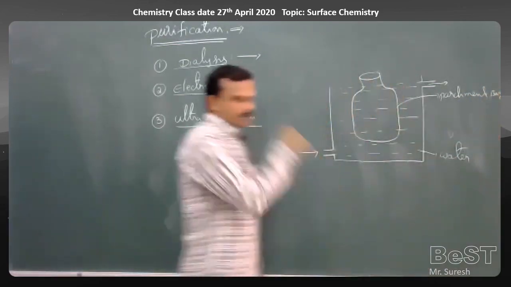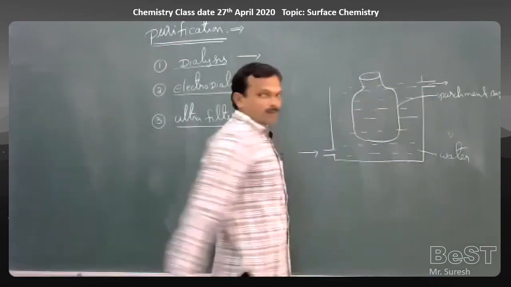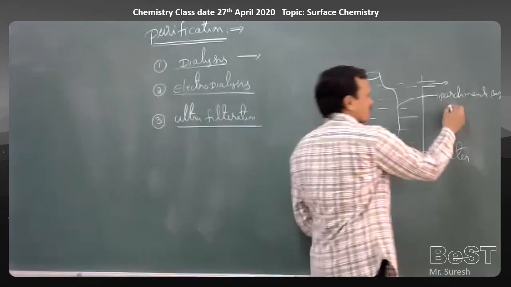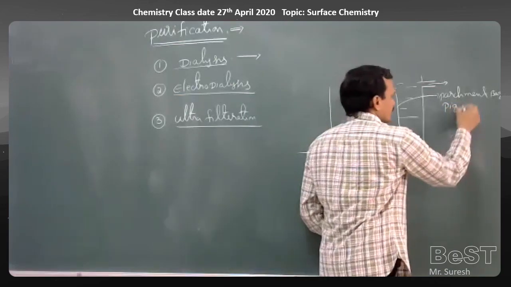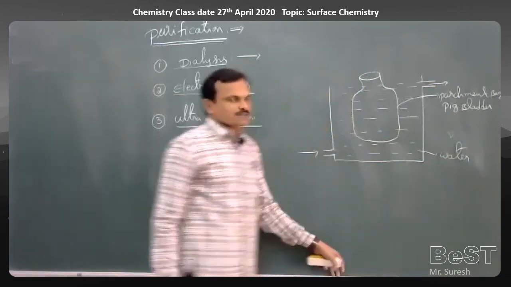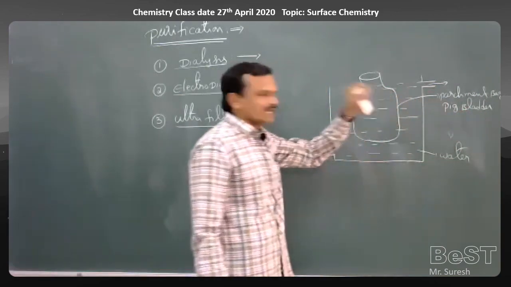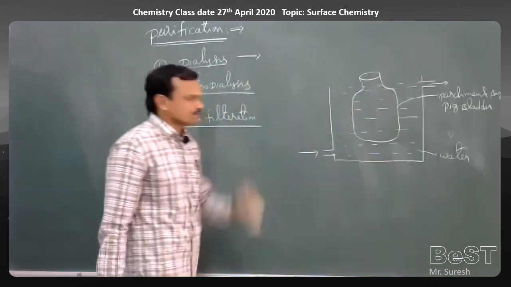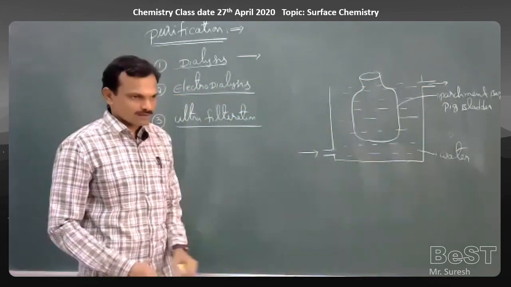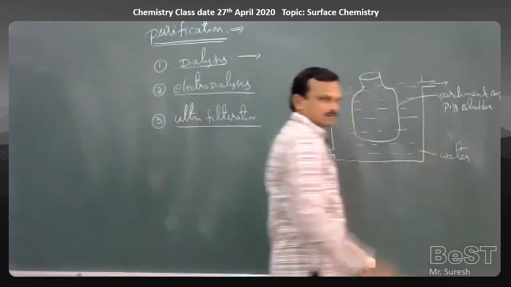So what is this parchment bag? A commonly used substance is pig bladder. So here the parchment bag is nothing but pig bladder. The role of this pig bladder is that it allows only electrolyte particles through it, not the colloidal particles. Some other parchment membranes are cellophane.